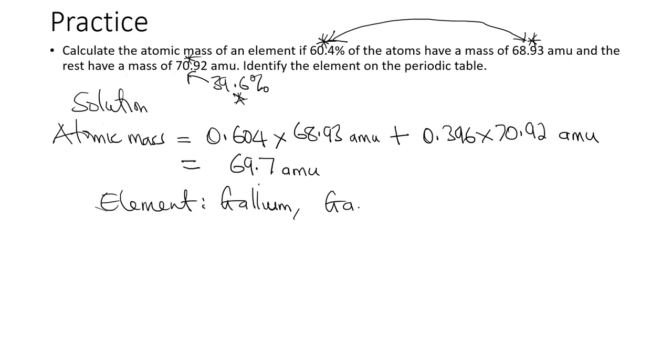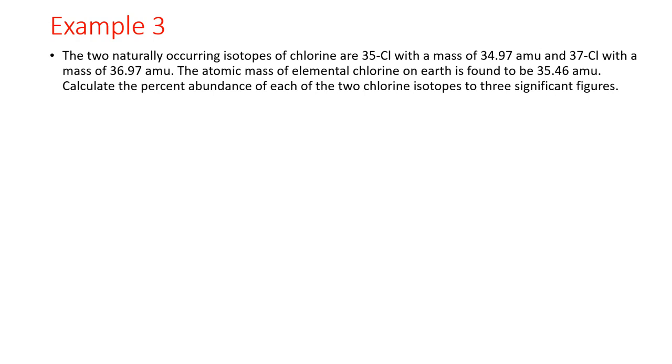Now, let's look at something a little bit more complicated. We have two naturally occurring isotopes of chlorine. So we have chlorine-35 shown here with a mass of 34.97. Then we have chlorine-37 with a mass of 36.97.